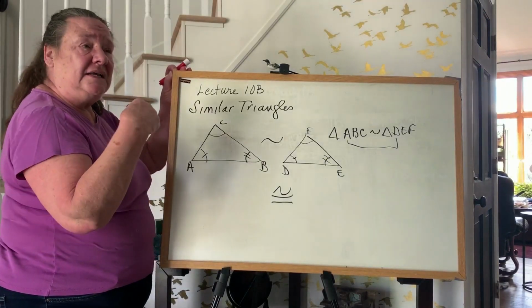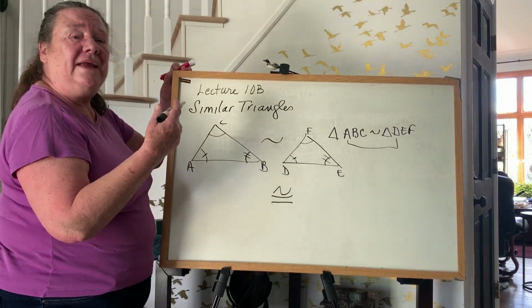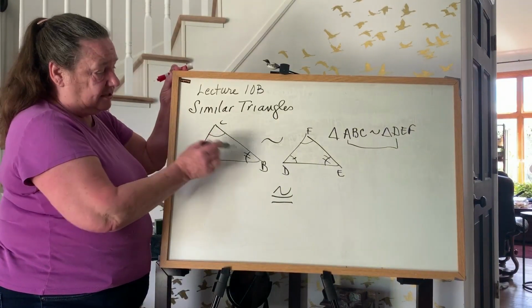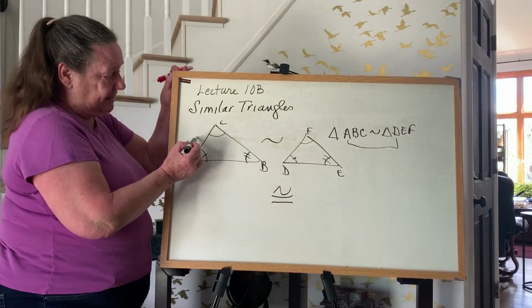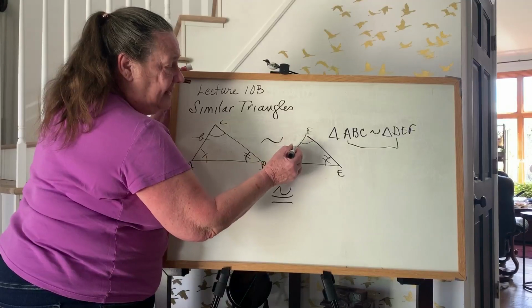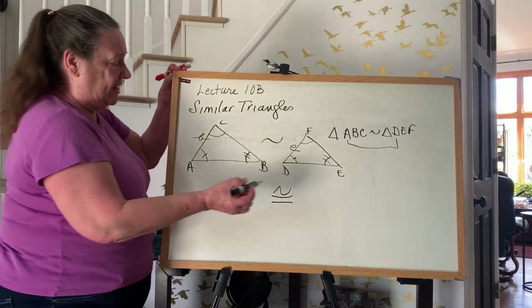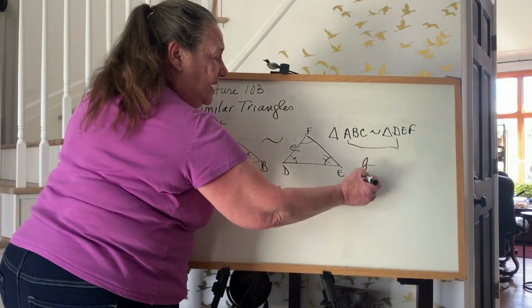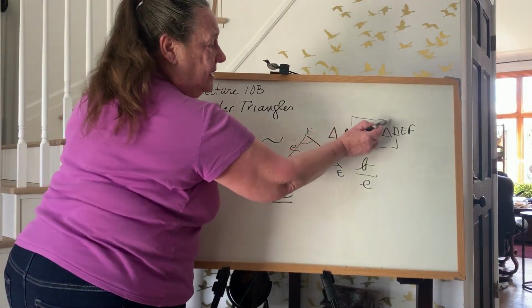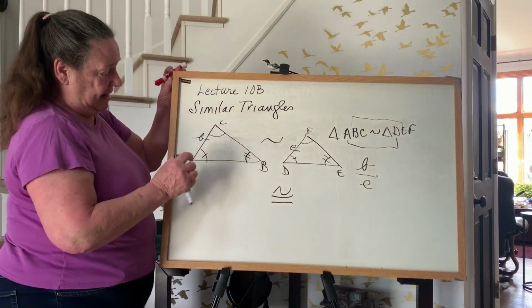In fact, in essence, they are in ratio to each other. So this side, which is opposite angle B, this side B, and this side E are in ratio. So B is to E. As you can see, here's B, here's E, all right?